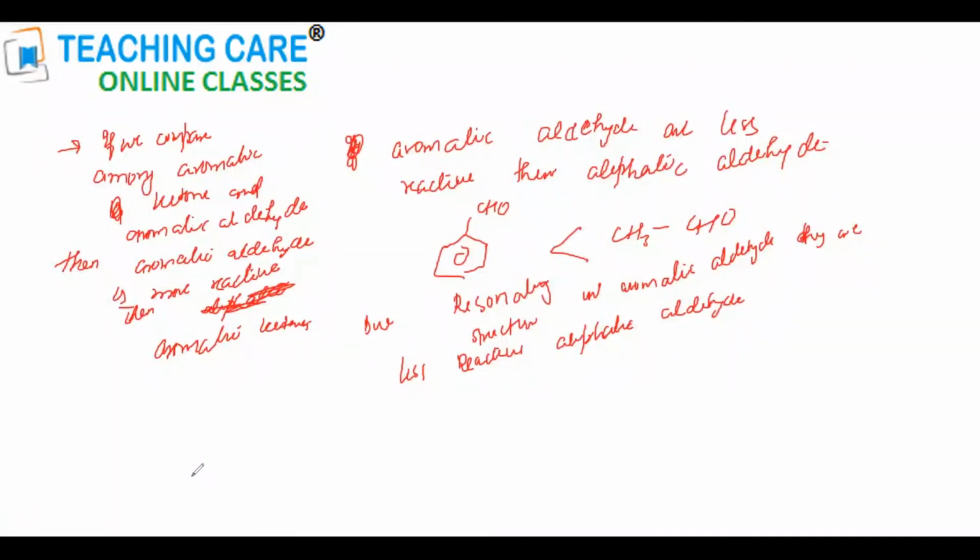So if we arrange them in the order of reactivity, it is like this. Aromatic aldehyde will be more reactive than aromatic ketones, which will be more reactive than diphenyl ketone.